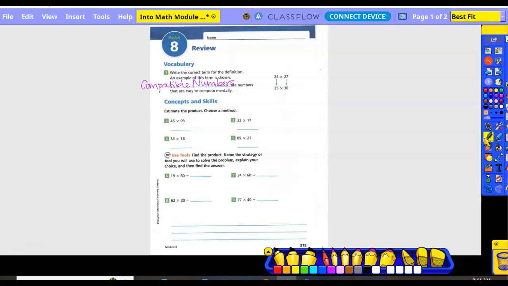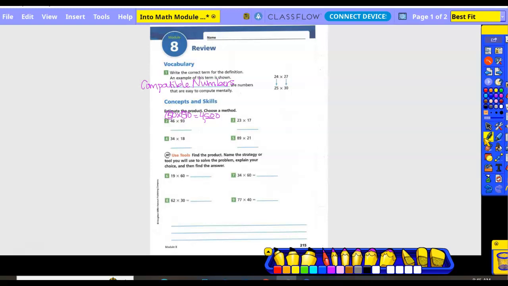So what am I going to estimate 46 to? Is it closer to 40 or 50? 50. 93, is it closer to 90 or 100? 90. Put 5 in a box, 9 in a box. What is that? 45 and add 2 zeros.